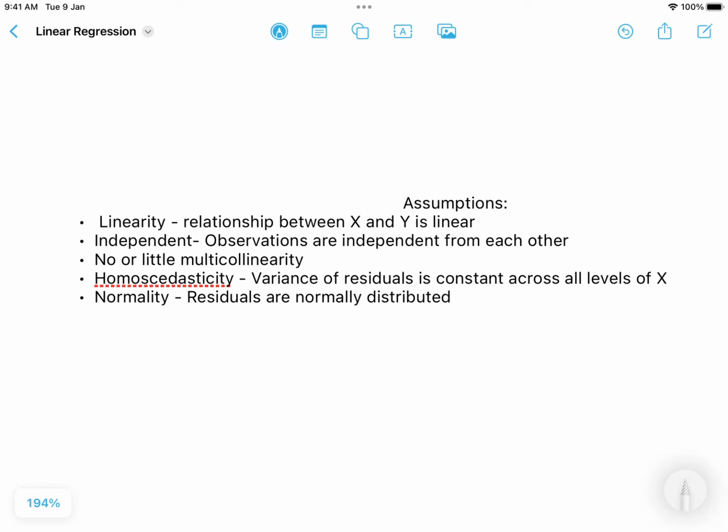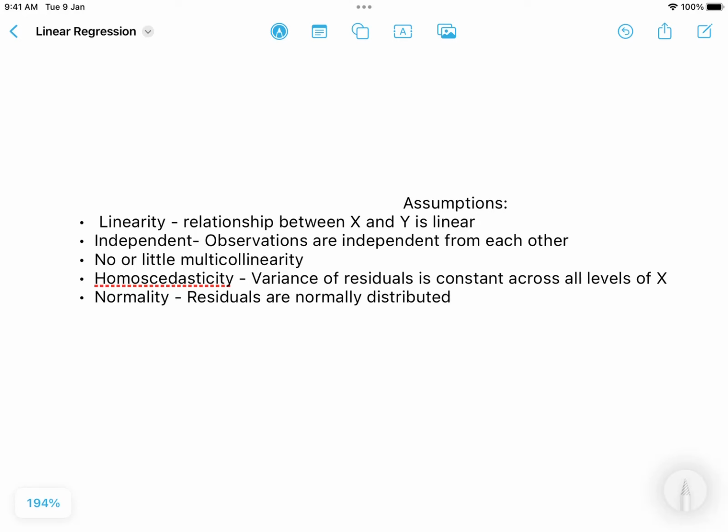Multicollinearity hides the individual effect of the independent variable. Basically, if we are going to predict y, and our x1 and x2 are highly correlated, then we can't interpret whether x1 is impacting the value of y more, or x2.